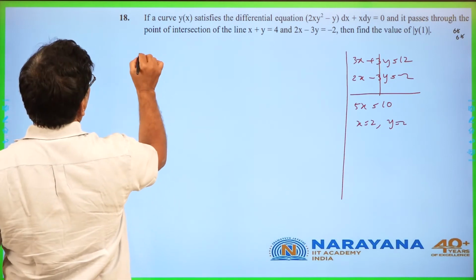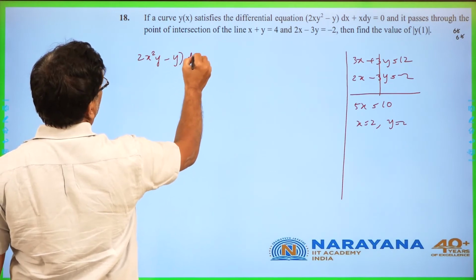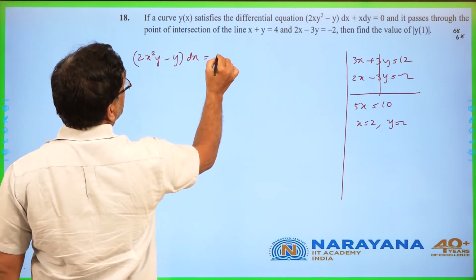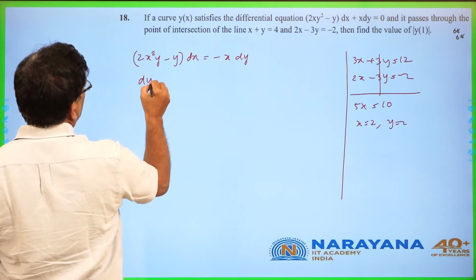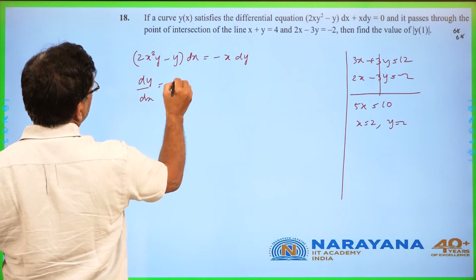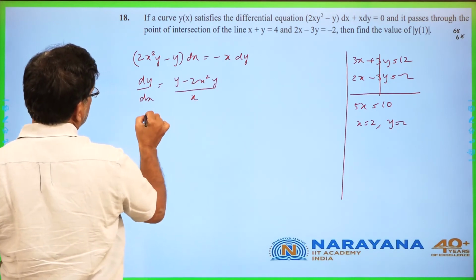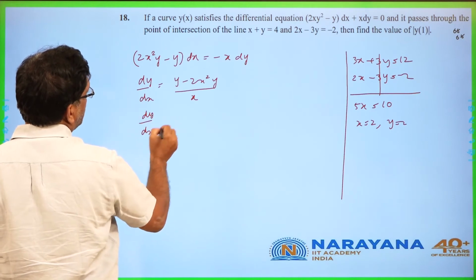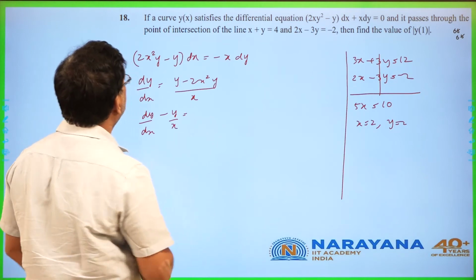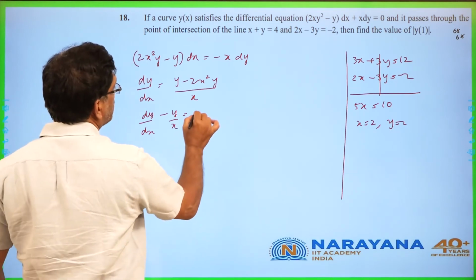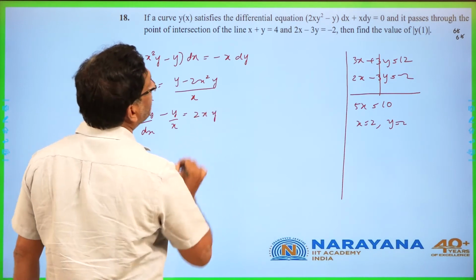Let us write down, it is 2x square y minus y of dx is equal to minus x dy. So dy by dx is equal to y minus 2x square y. So dy by dx minus y by x is equal to, this is 1 by x, x we can cancel, it is 2xy.